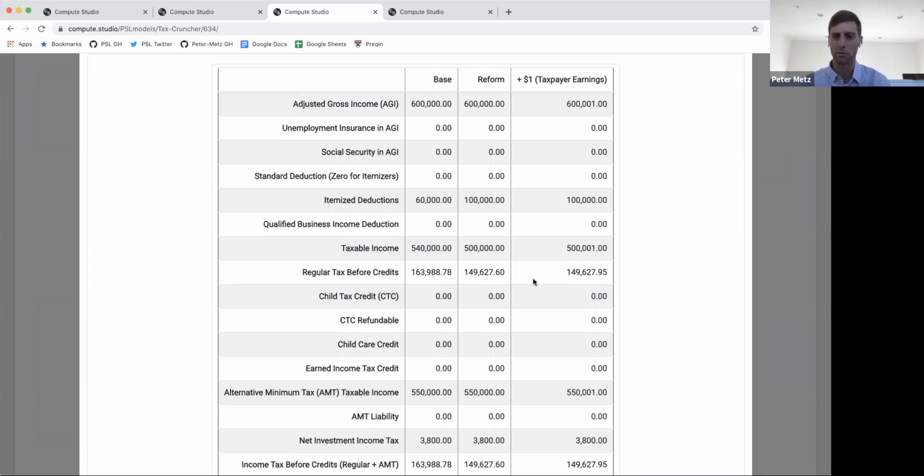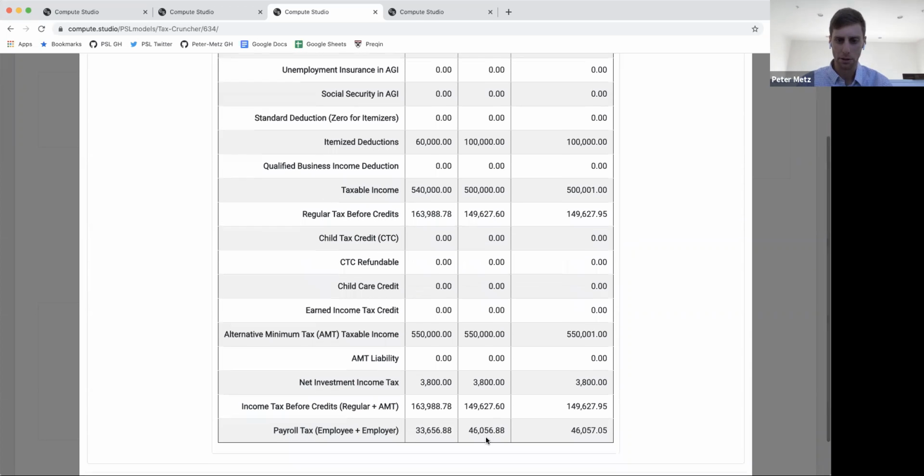So, with regular tax, we can see they're in the 35% bracket, because with $1 extra in earnings, they owe 35 cents in taxes. Similarly, down here, with $1 extra in earnings, they owe 17 extra cents in payroll taxes. So that's going to be their payroll tax rate.